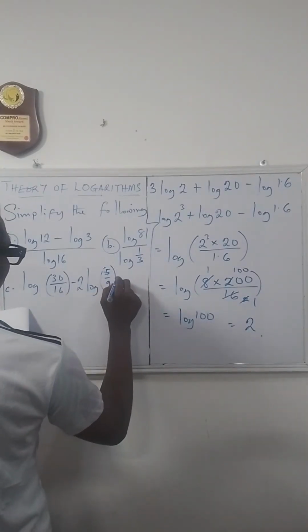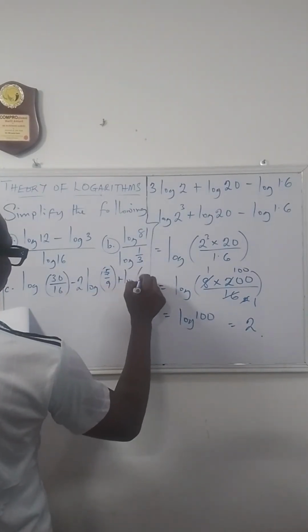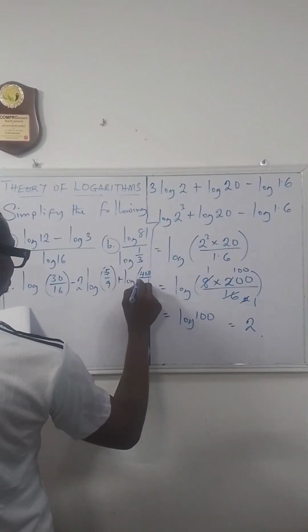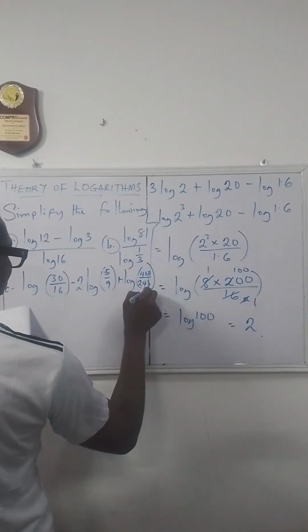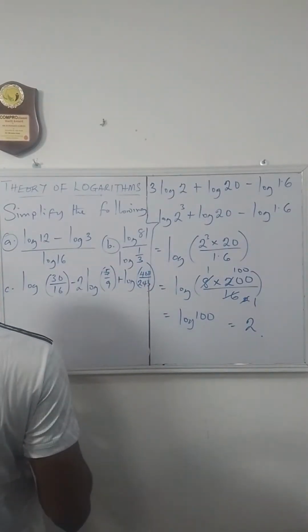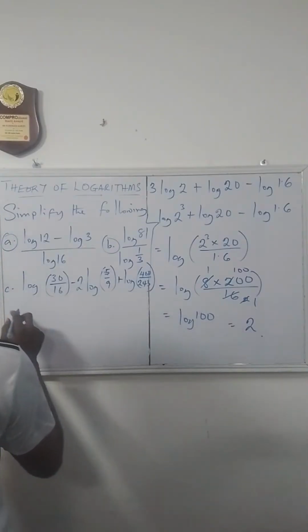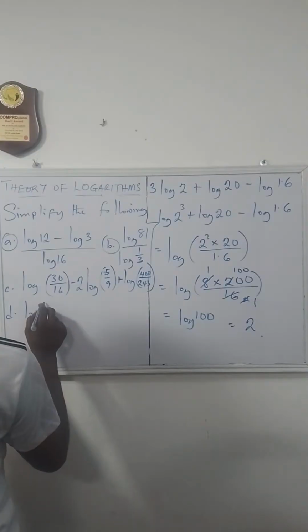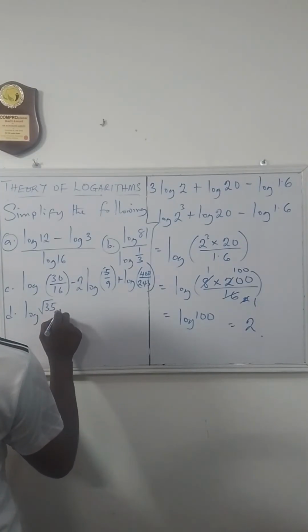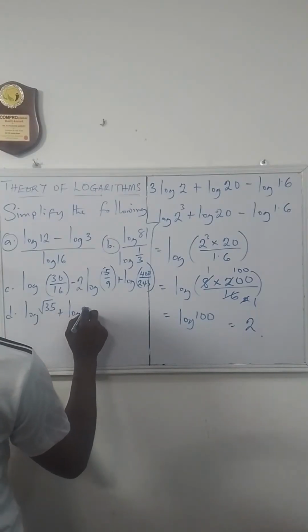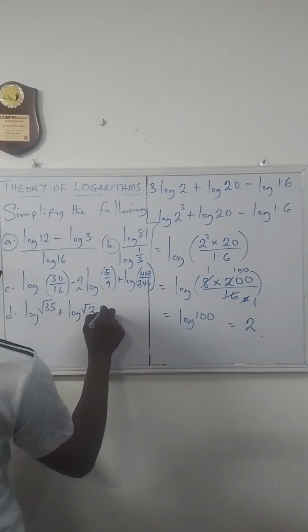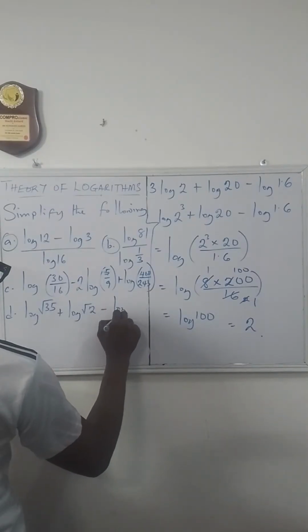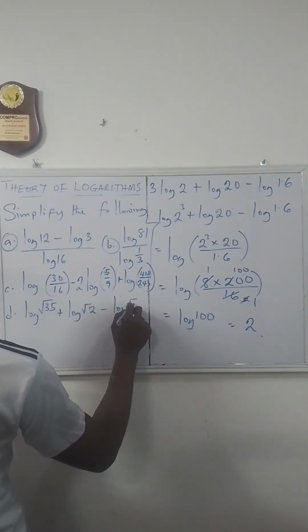D: log of square root of 35 plus log of square root of 2 minus log of 7, log of square root of 7.